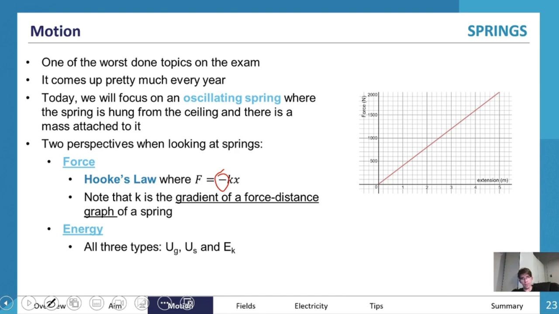It indicates stiffness. The greater the value of k, the more stiff a spring is, the greater the amount of force that you need to apply to change it by a little bit, by a centimeter. X stands for displacement, so whether you compress or you extend the spring.